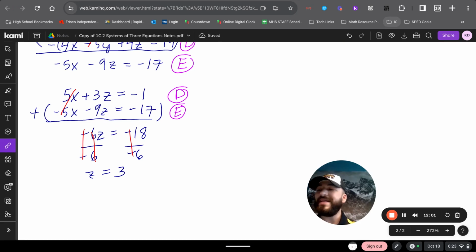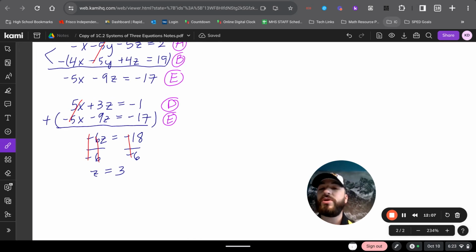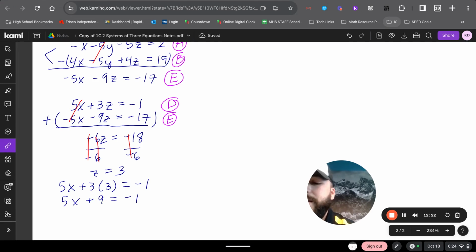Now that I know what z is equal to, I can back plug to find the rest. So if z is equal to 3, I can plug that into either of my two equations. I'm going to plug it into equation D. So 5x plus 3 times 3 is equal to negative 1, which means 5x plus 9 is equal to negative 1.